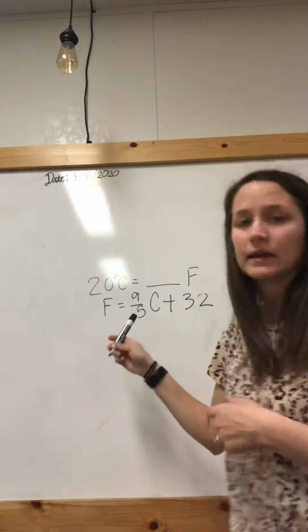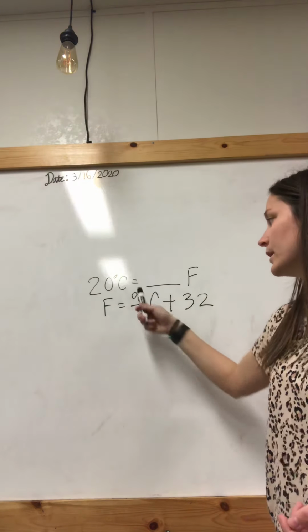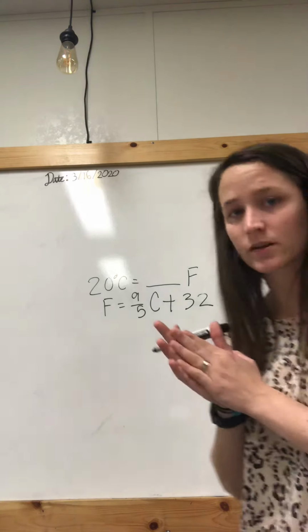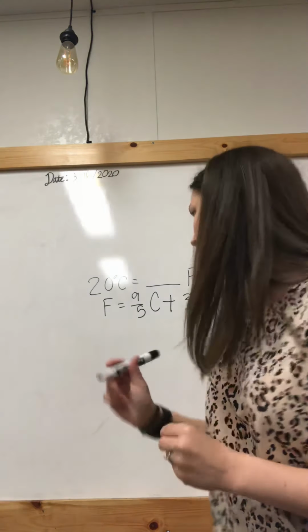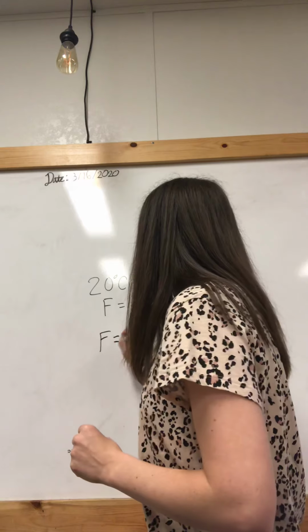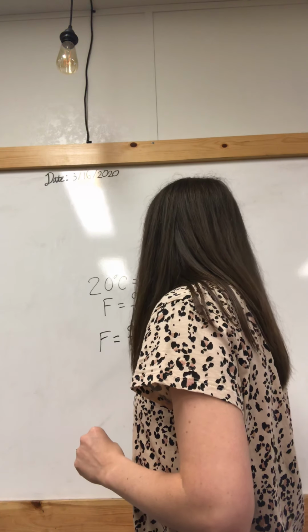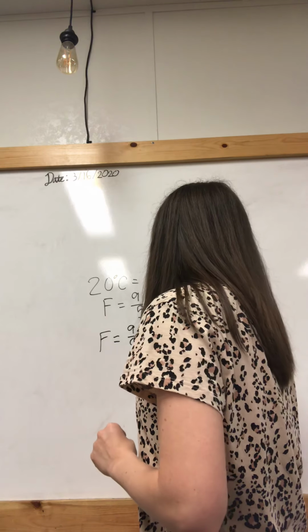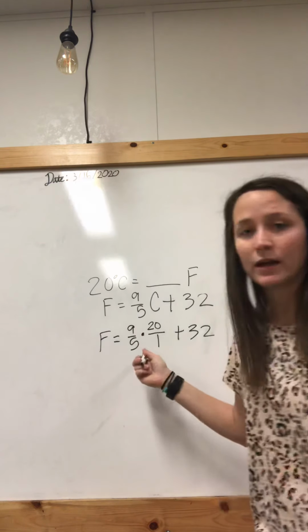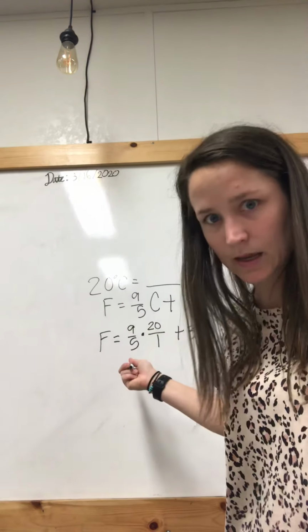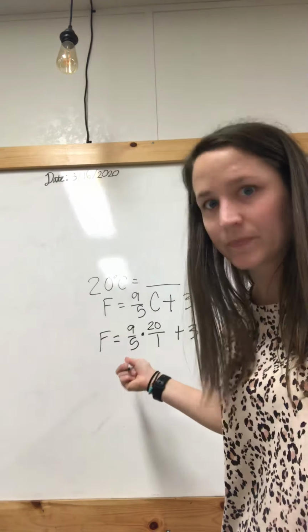Okay, again, if a number and a letter are next to each other, that means you need to multiply them. So F equals 9/5 times 20 over 1 plus 32. That 20 over 1, what does that represent? It just simply means 20, just as a fraction. So again, you can reduce these. This becomes 1, this becomes 4.